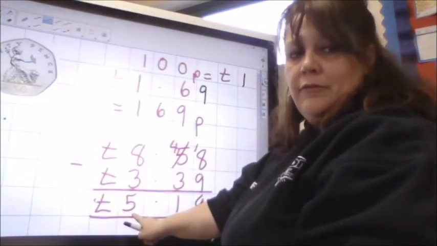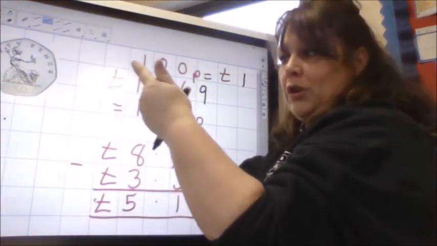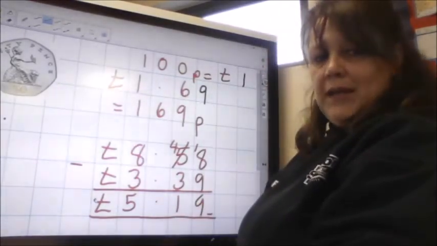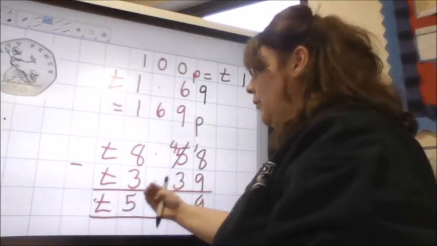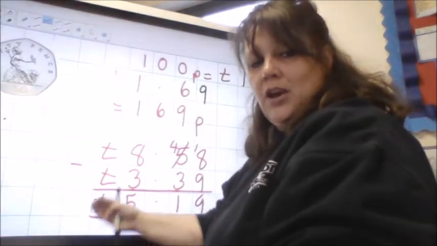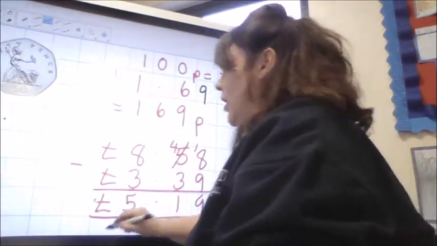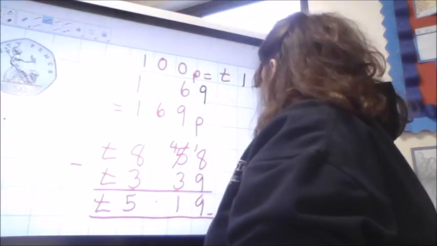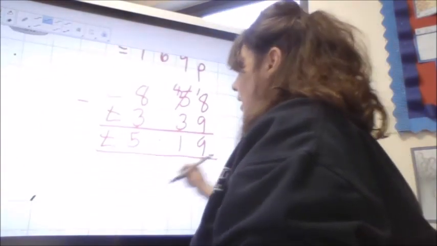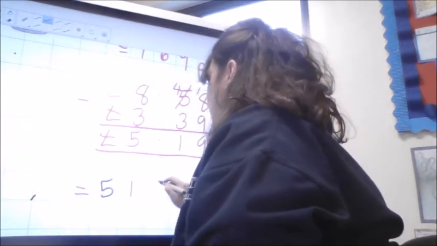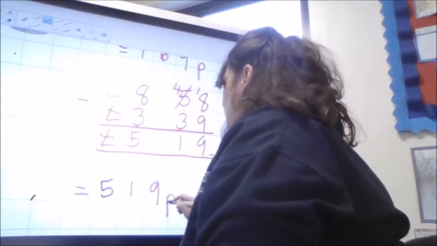So I've got 100, 200, 300, 400, 500 pence there. And I've got another 19 pence as well. So take out the decimal point, take off the pound sign from my answer, and I can write it. Okay, move my board down a little bit. That is the same as 519 pence.